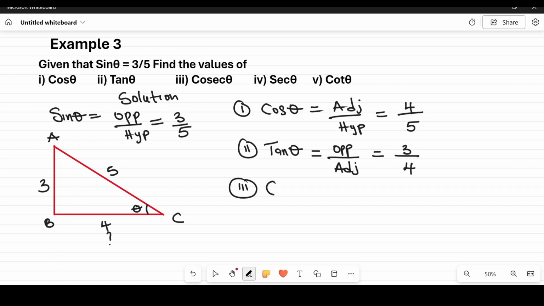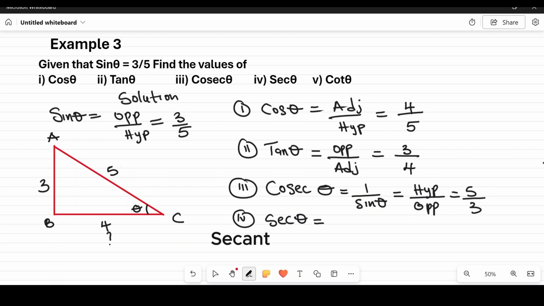The next we have is our cosec. Our cosec theta is known as the inverse of sine theta, which is given as hypotenuse divided by opposite. From our right angle triangle, our hypotenuse is given as 5 and our opposite is equal to 3.